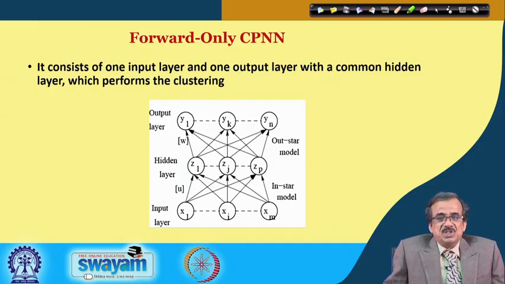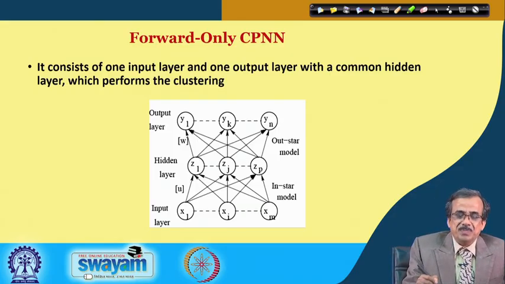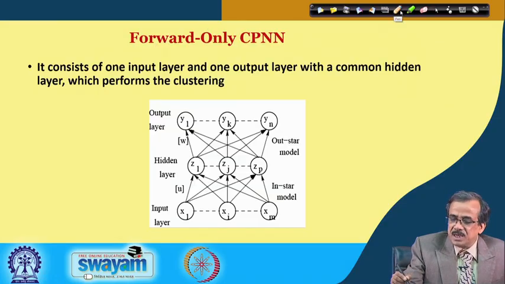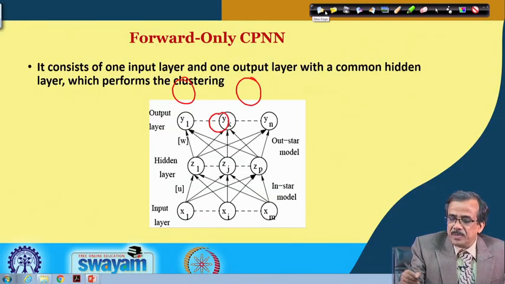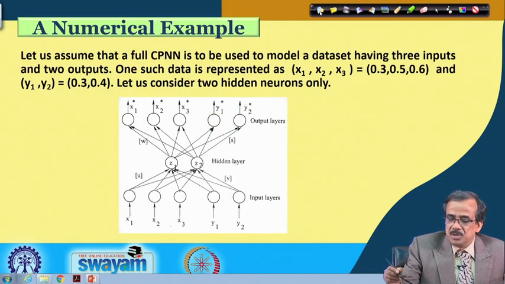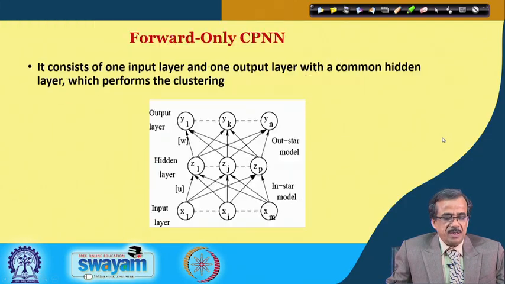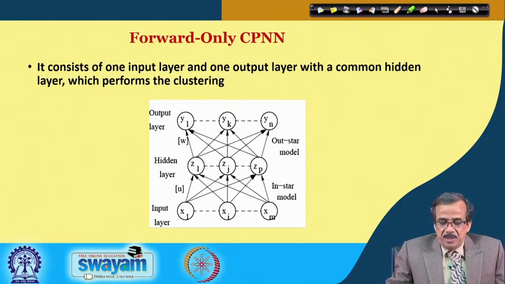Till now we have discussed the full CPNN, where there are 2 input layers, 2 output layers and 1 hidden layer. The forward only CPNN is simpler. Here we consider only one input layer and only one output layer, and in between we have one hidden layer.